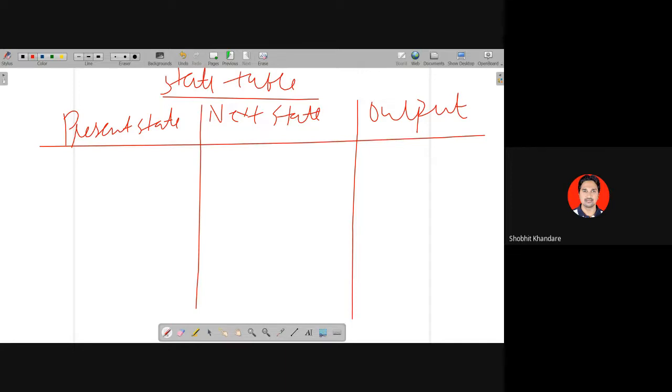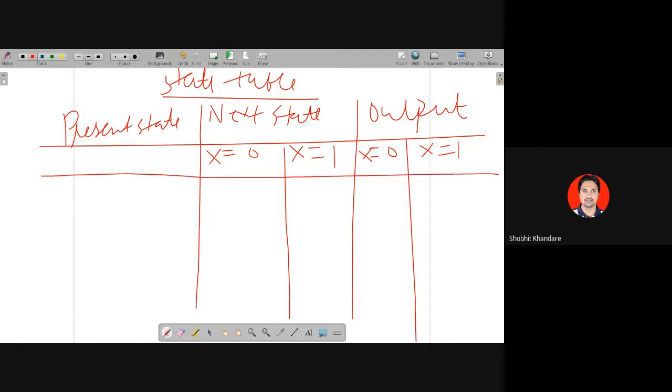Next state, when your input is 0 and when your input is 1. Output, when your input is 0 and when your input is 1. And the present states are A, B, C, D, E, F, G.